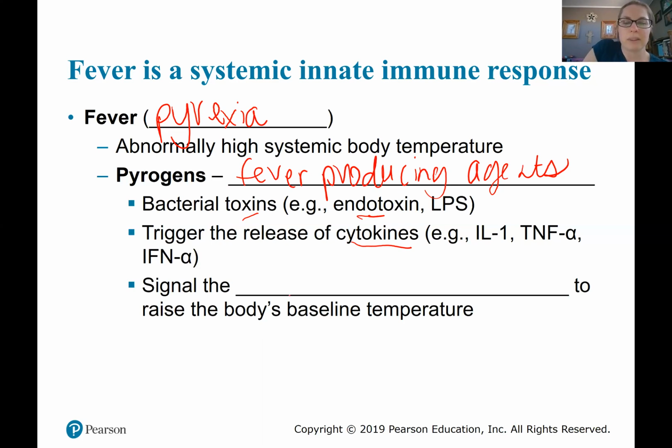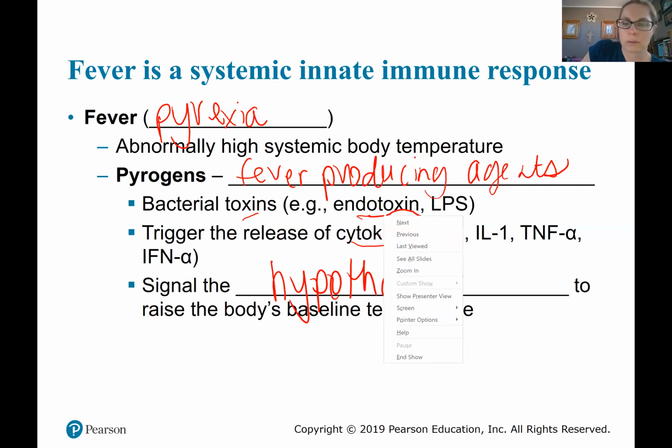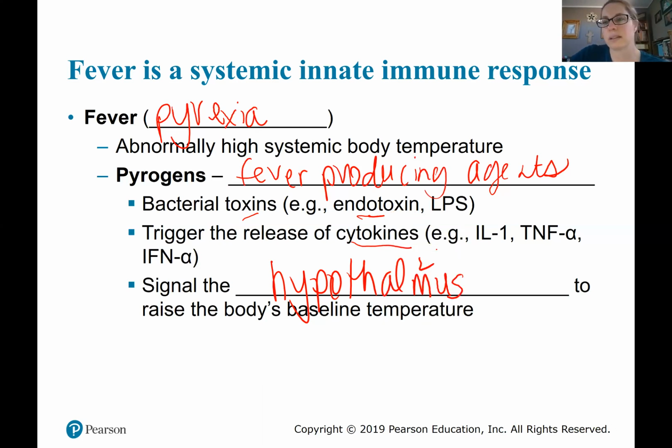And the hypothalamus in the brain is basically the body's control center that's going to help regulate temperature and a lot of other different things. So say there's endotoxin, okay? The hypothalamus would detect endotoxin, and it's going to reset the body's thermostat to a higher level.